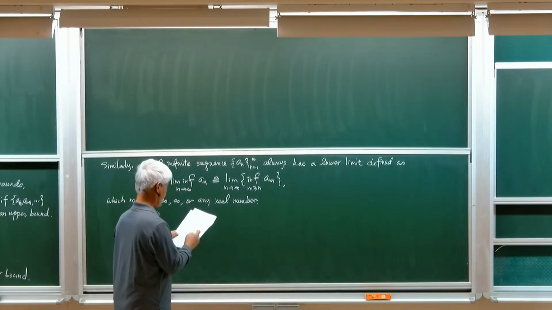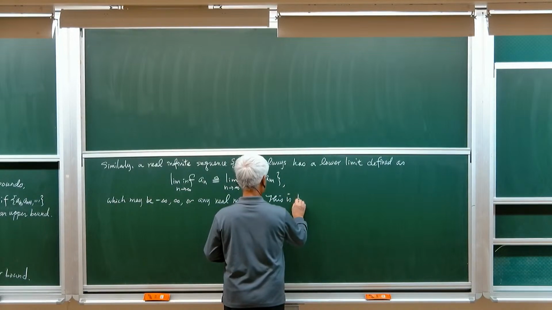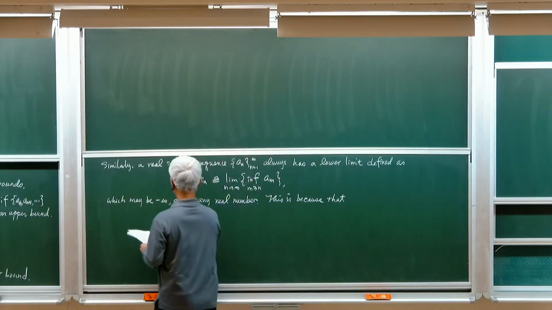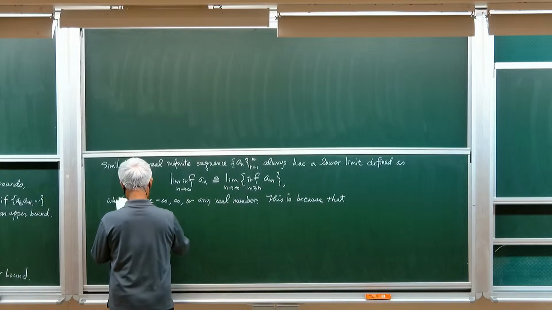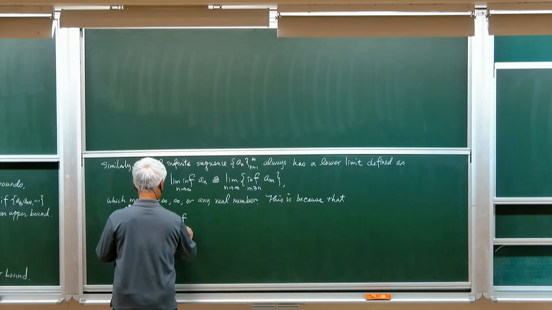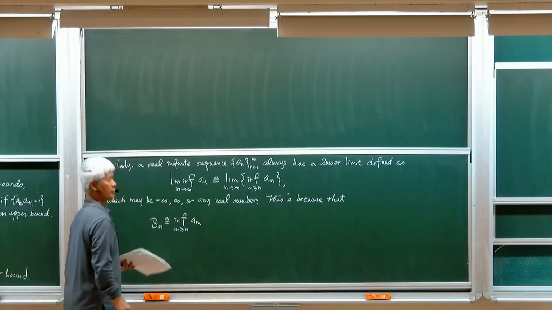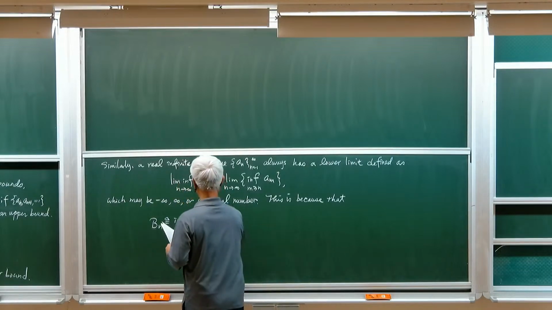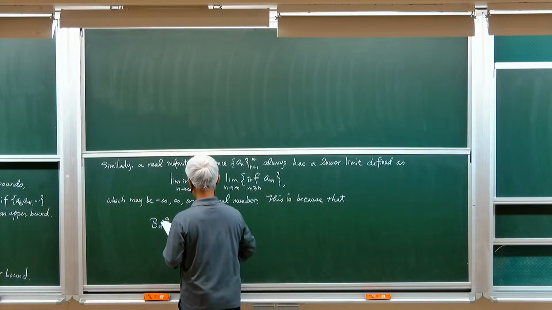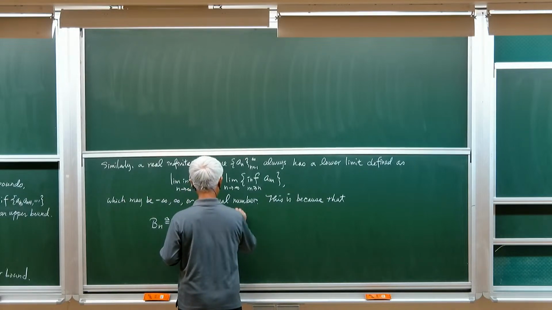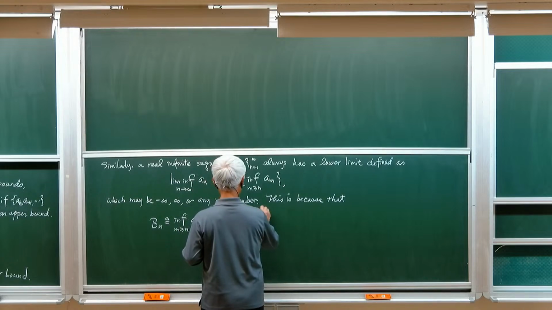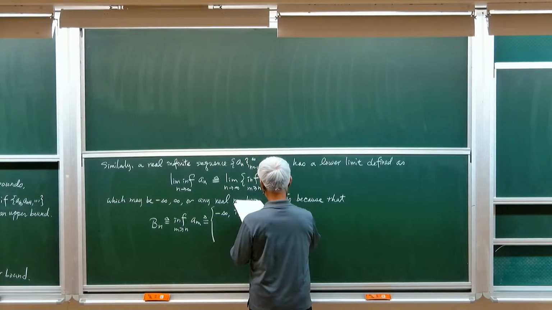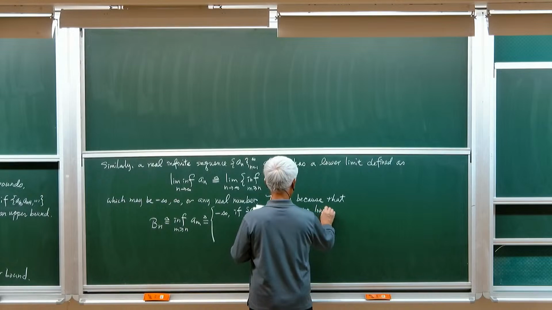Right, and this is because if B_n is defined to be the infimum of a_m for m greater than or equal to n, then the infimum is equal to minus infinity if the set a_n plus 1 and so on has no lower bounds.